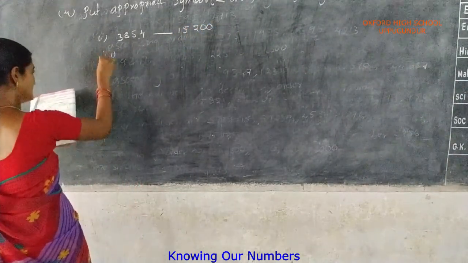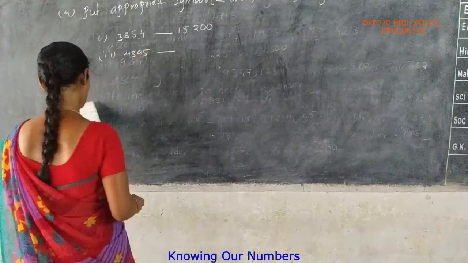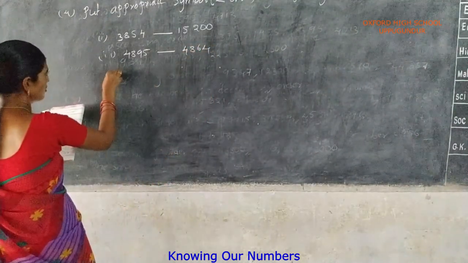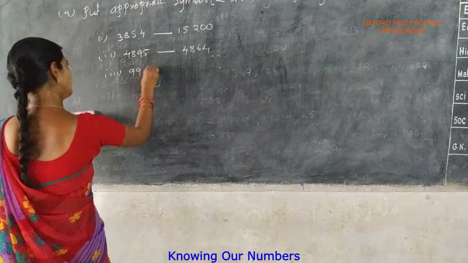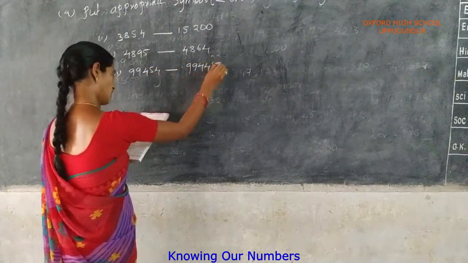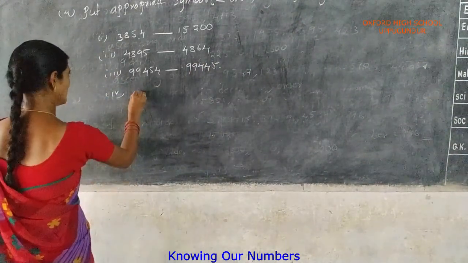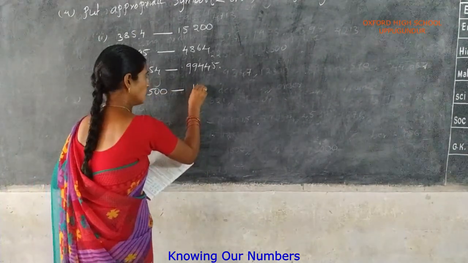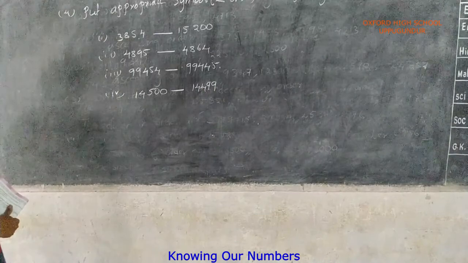Next, second one is 4,895, 4,864. Next, third one is 99,454 and 99,445. And last, fourth one is 14,500, 14,499. Put the appropriate symbol, less than or greater than.